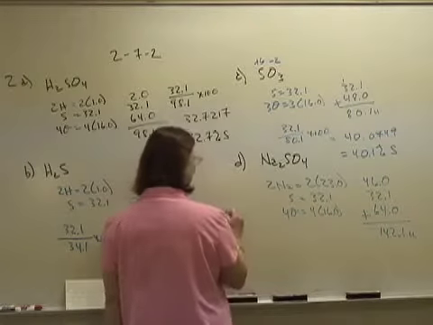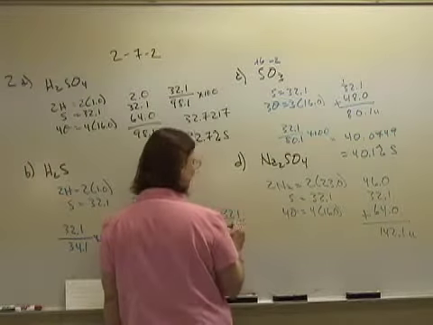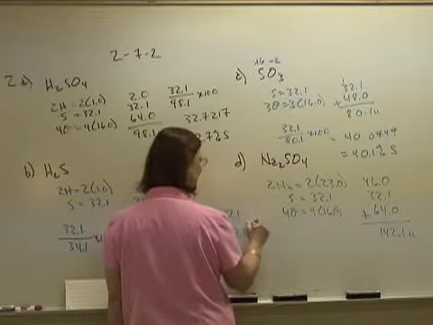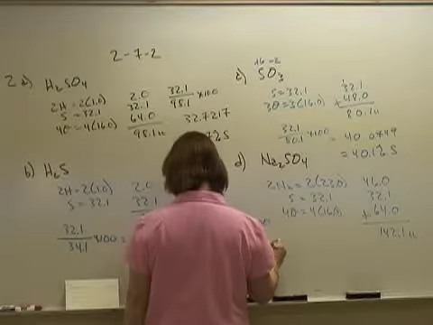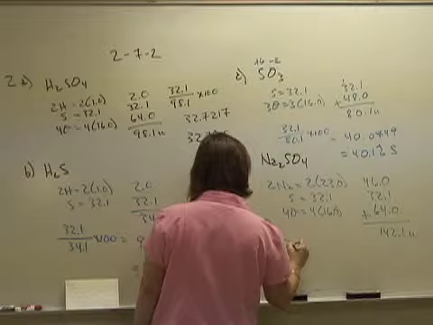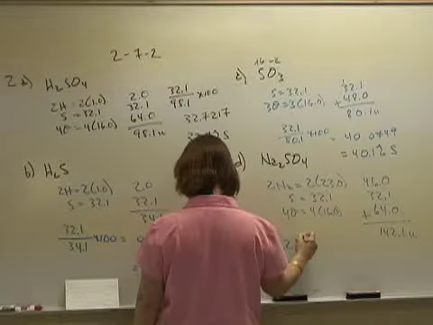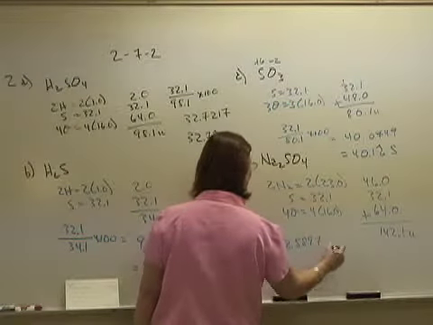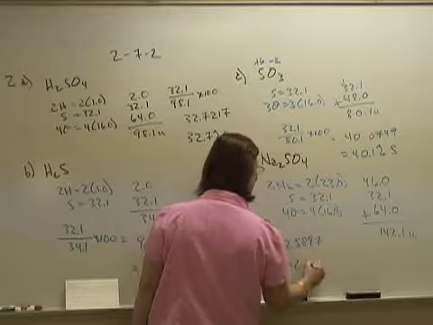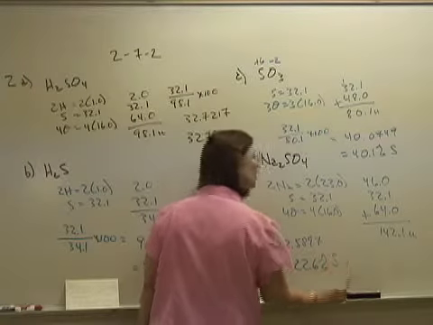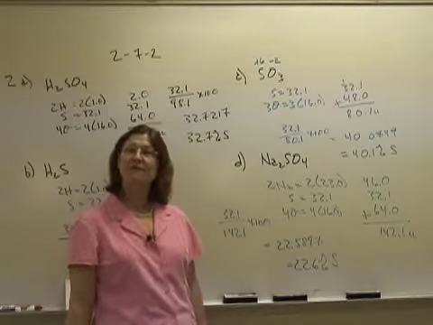I take my amount of sulfur and I divide it by my total times 100, and I get 22.5897, and therefore 22.6% sulfur in that compound.